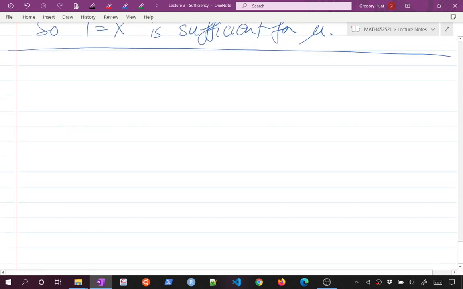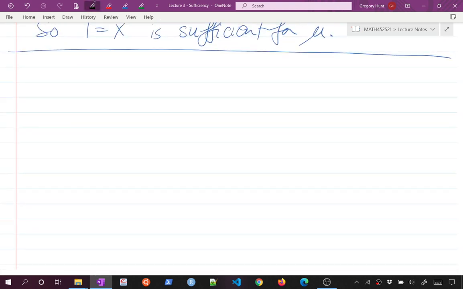So these examples are pretty tedious, and you start to see that they become pretty formulaic, right? I basically look at the distribution of the joint data over the distribution of t, and I try to cancel things out. Turns out some smart guys came up with what's called the Factorization Theorem. Let's see if I can remember who.